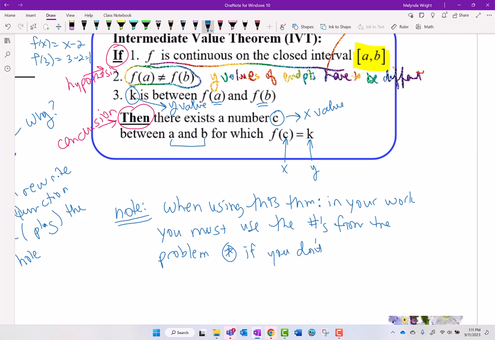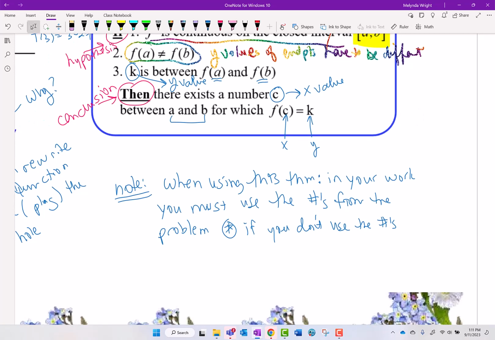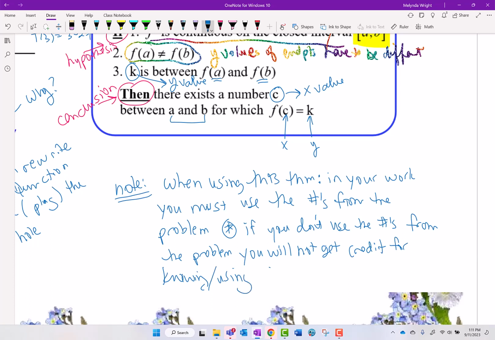I'm making a big deal of this because I see this over and over again. If you don't use the numbers from the problem, you will not get credit for knowing or using IVT. That's how important this is.